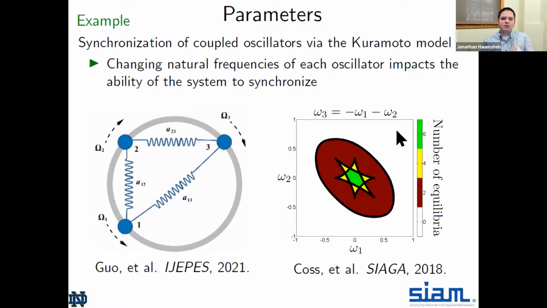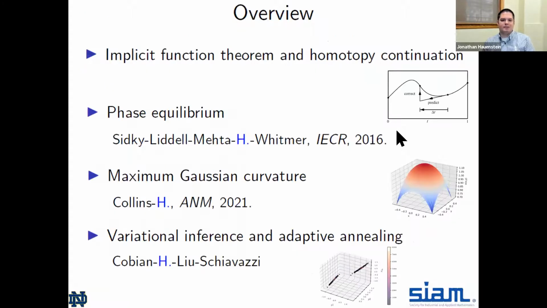So what we want to do is study how changing these parameters impacts the system. And in this case, you see a nice plot of the number of equilibria as a function of the parameters. Today's talk is going to focus on the implicit function theorem and its relationship to homotopy continuation. The implicit function theorem is what governs the relationship between the parameters and the variables, and homotopy continuation is just a special case of that.